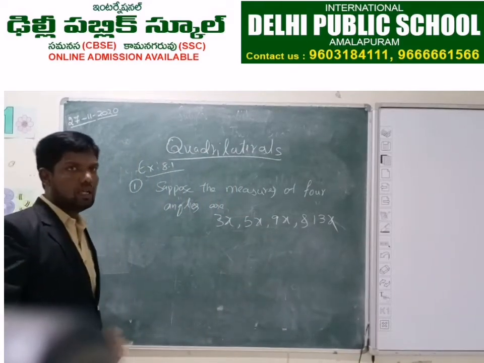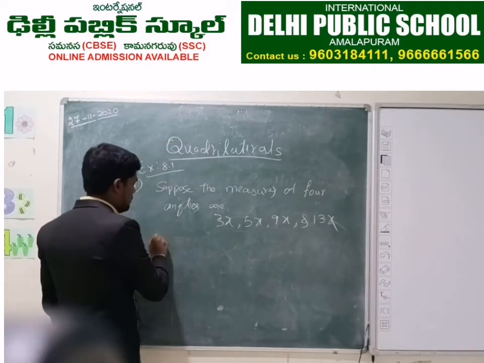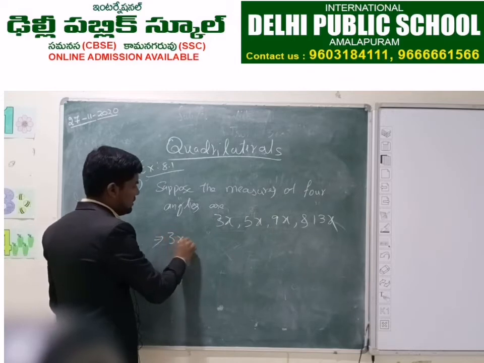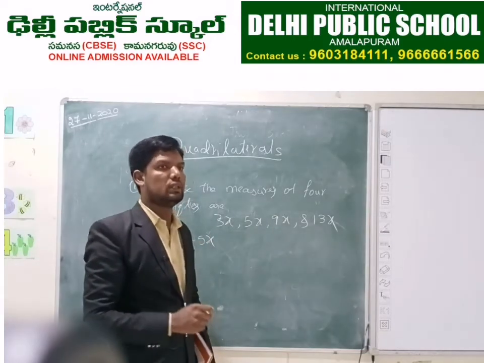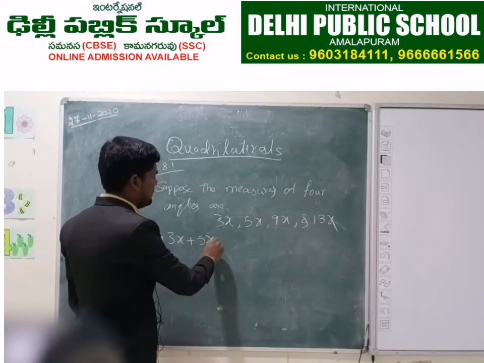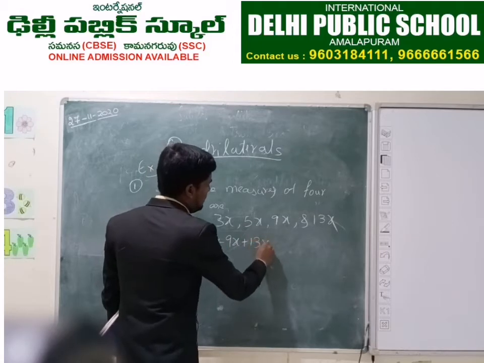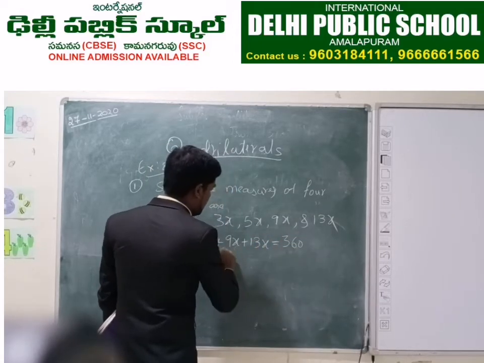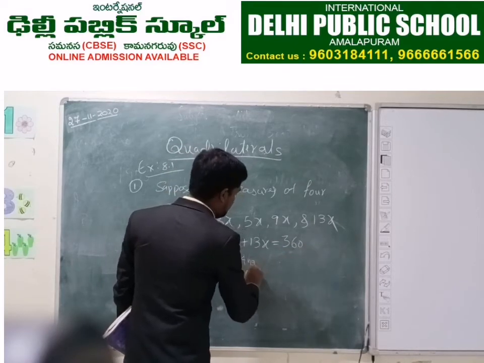Clear? So, if we add all these, the angle sum property of a quadrilateral says the sum is equal to 360 degrees. Here you can write the angle sum property of a quadrilateral.